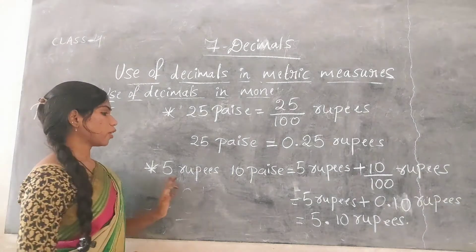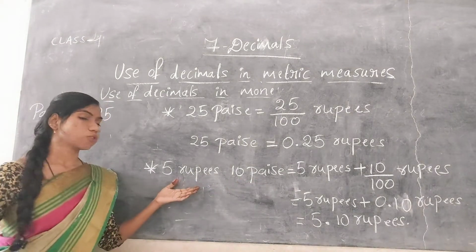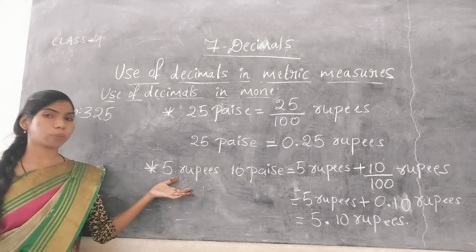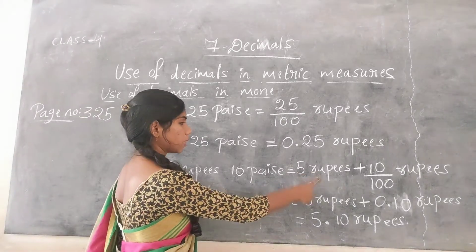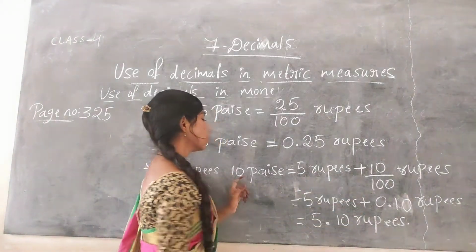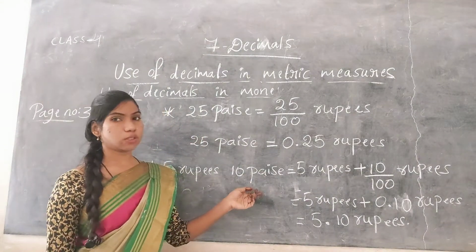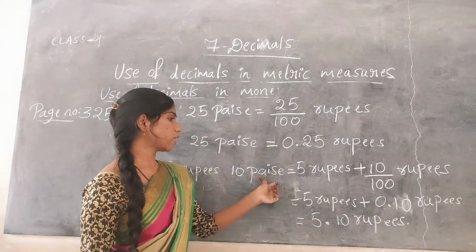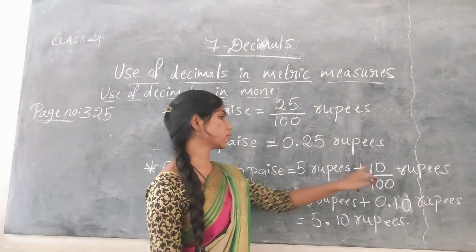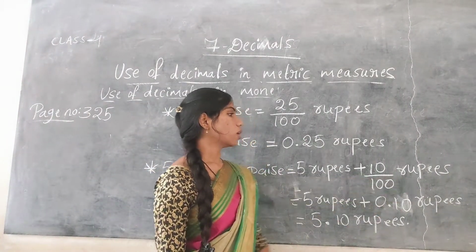Next, 5 rupees 10 paise. 5 rupees is already in rupees, so we need to convert the 10 paise. Write 5 rupees as it is, plus, convert the 10 paise into rupees. Then we can write it as 10 hundredth rupees.